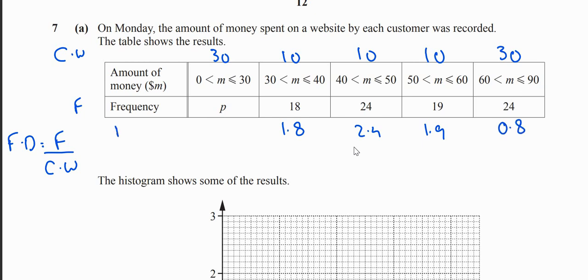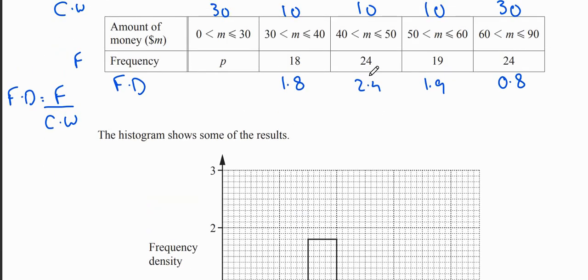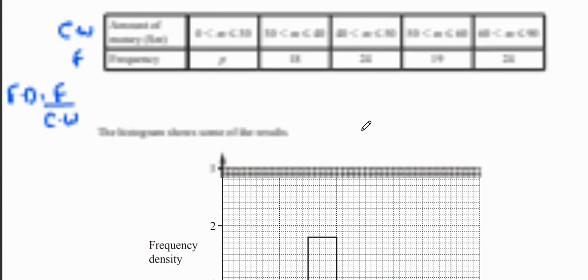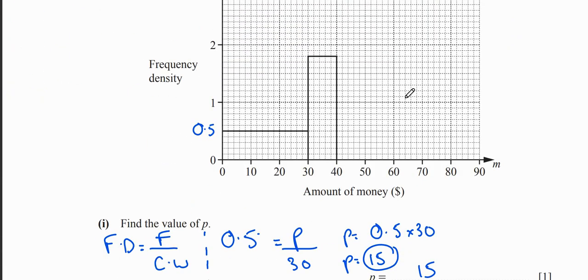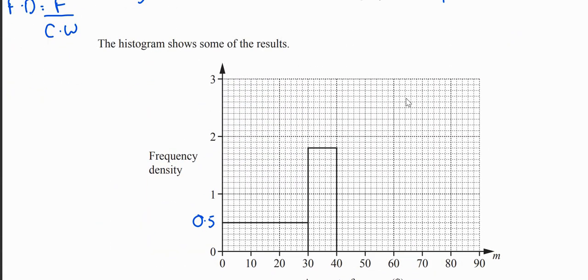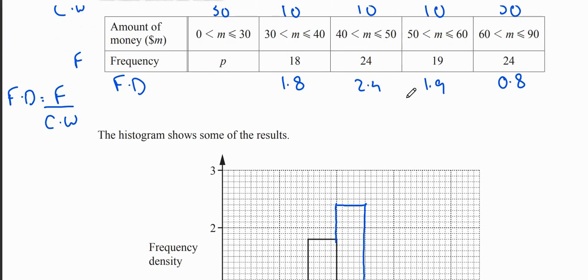This is frequency density. So from 40 to 50, the value is how much? 2.4. 2.4 is over here, from all the way till 50. Okay.